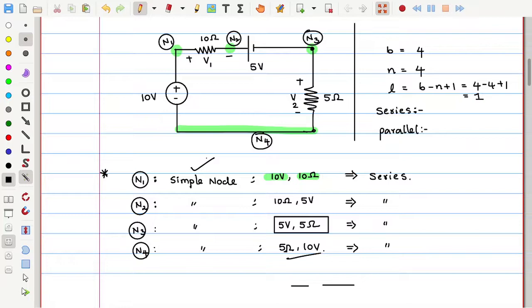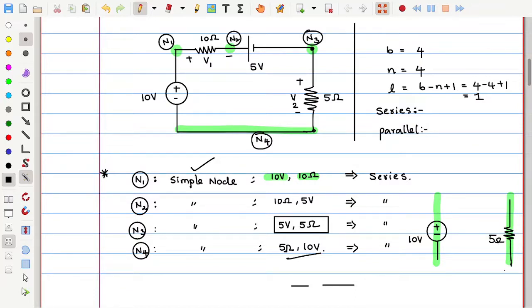Now tell me, are there any parallel connected elements in this circuit? Can I say any two elements, like 10 volts and 10 ohms, or 10 volts and 5 volts, or 10 volts and 5 ohms, are connected in parallel? No, sir. Why no? Can't you see? You have 10 ohms, 10 volts, and on the other side 5 ohms. Just check these. Here you have 10 volts, and on the other side you have 5 ohms.